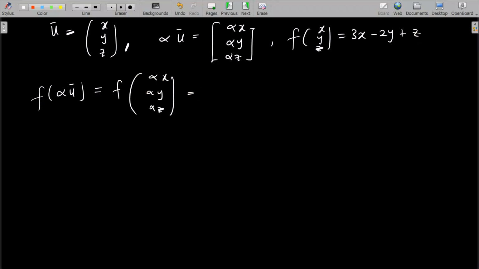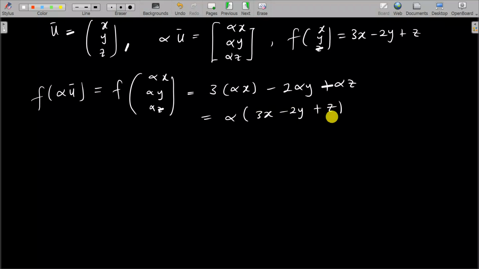This should be equal to 3 times the x component, so 3 alpha x, minus 2 times alpha y, plus alpha z. And if I pull out alpha, I'm going to have alpha times 3x minus 2y plus z, right?